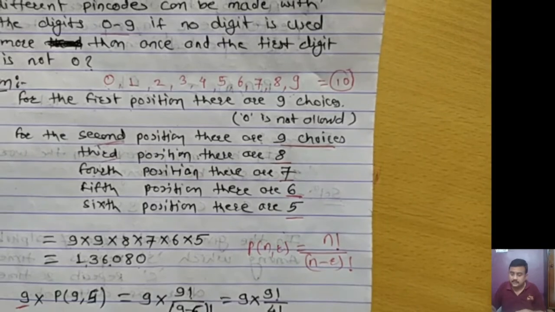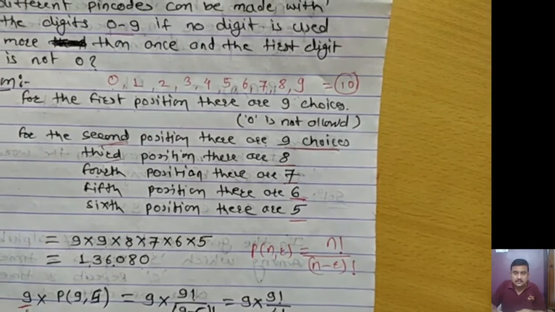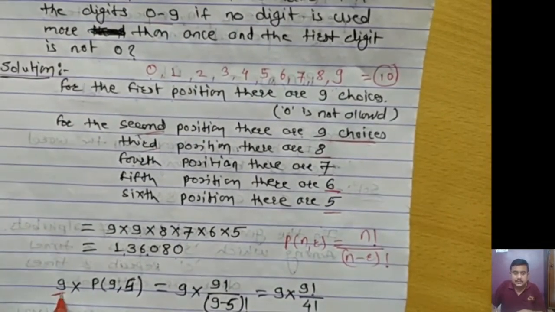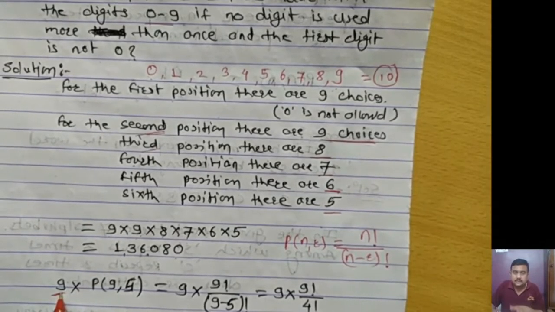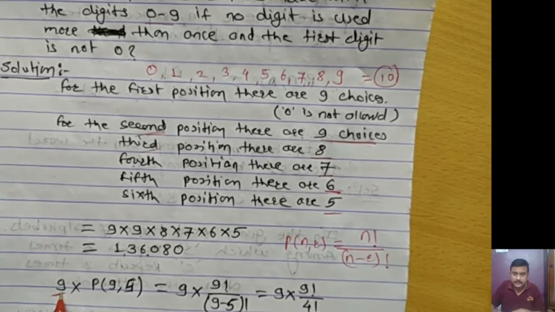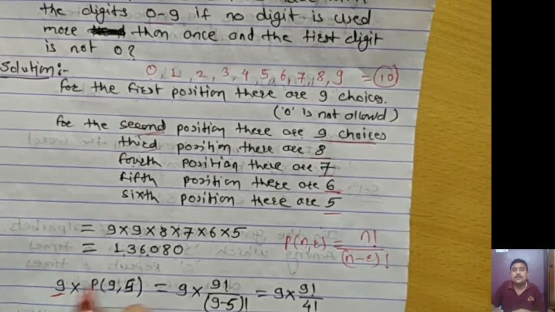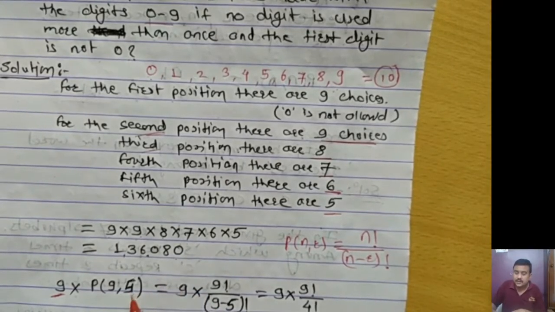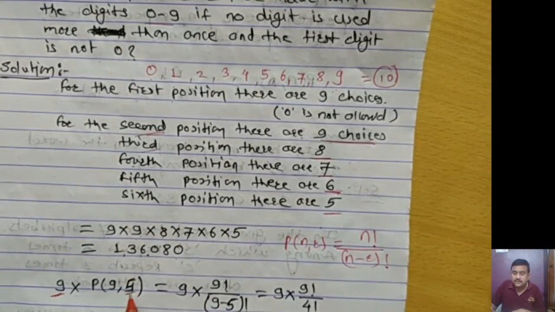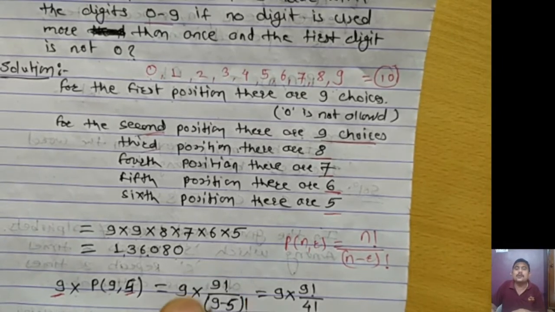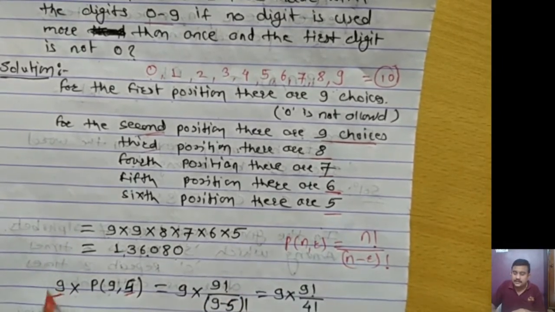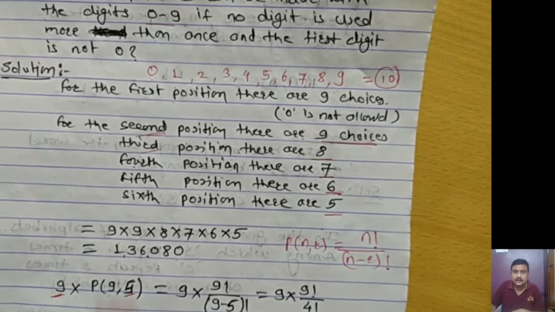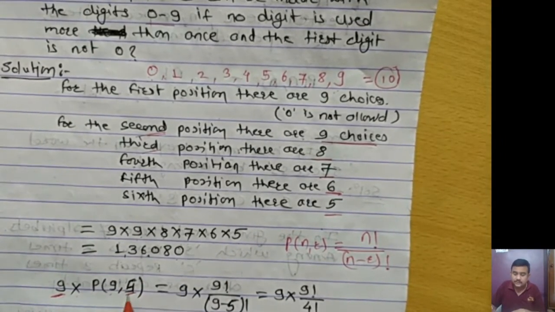Here for the first digit we have 9 choices, so we are using the first position separately, multiplied by the next 5 positions, where we have to select 5 digits among the remaining 9 digits, because we have a total of 10 digits, out of which 1 digit is used at the first position, and from the remaining 9 digits we have to use 5 digits.